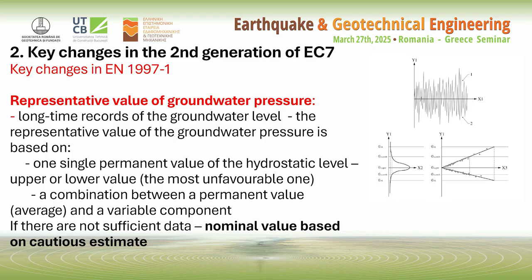Now, if we have long time records of the groundwater level, we can define the representative value of the groundwater pressure either based on one single permanent value of the hydrostatic level, either the upper or the lower value, whichever is the most unfavorable, or a combination of a part which is permanent, more or less the mean or average value, and the variable component that will be affected by the partial coefficient for variable actions.